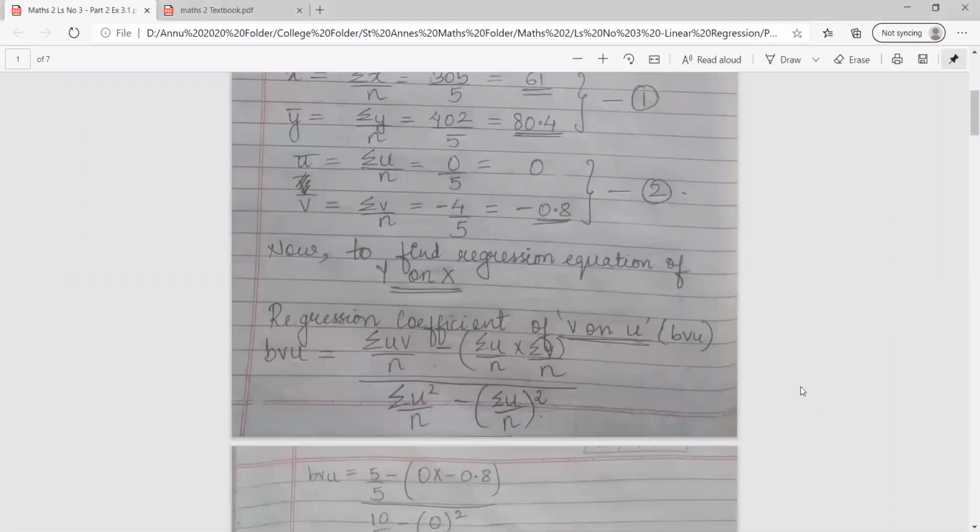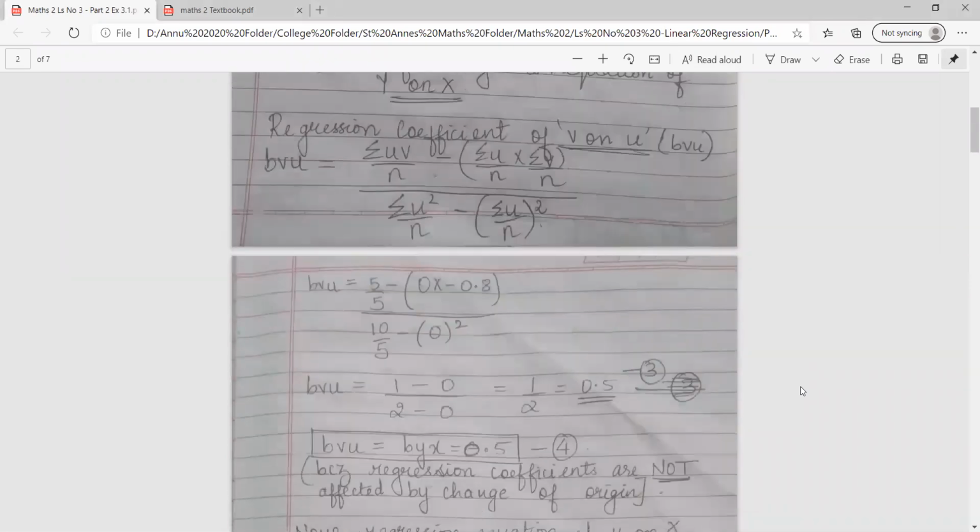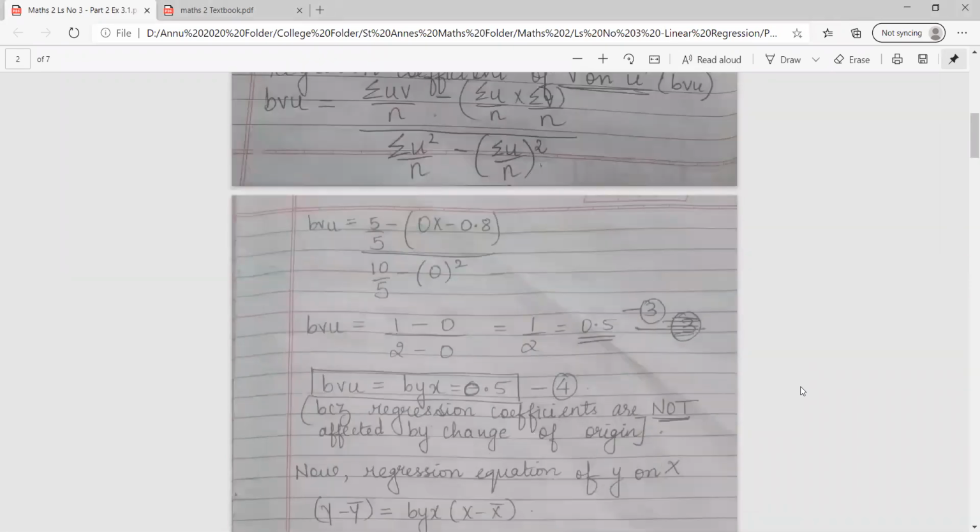So moving forward with this and substituting the values from the table above, you can see that summation uv was 5 and the total number of values in the column is also 5. Similarly, summation u is 0 and summation v we got to be minus 0.8, divided by summation u square upon n, which was 10 upon 5, minus 0 square.